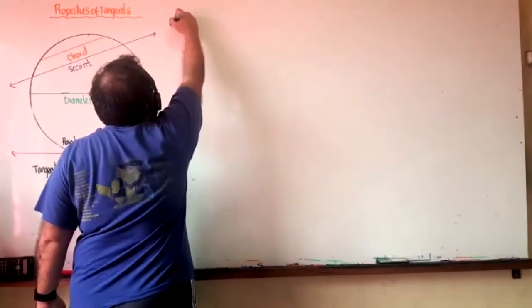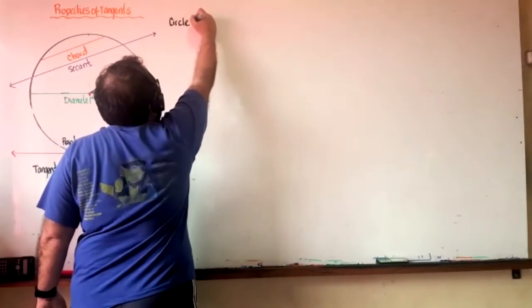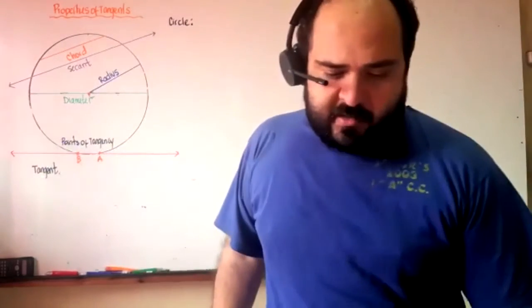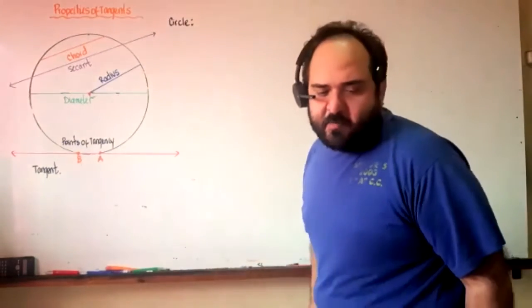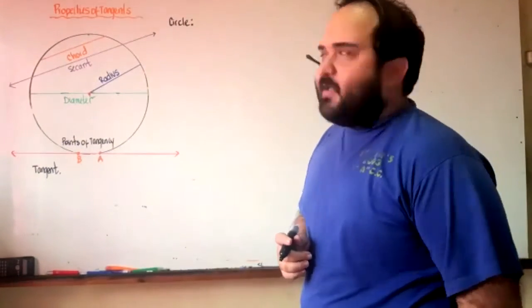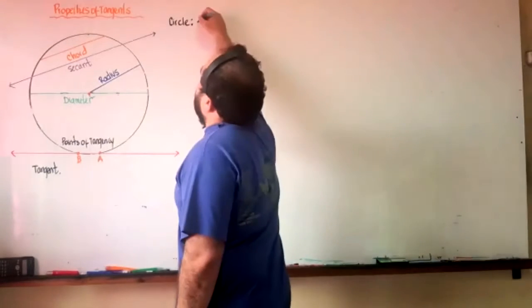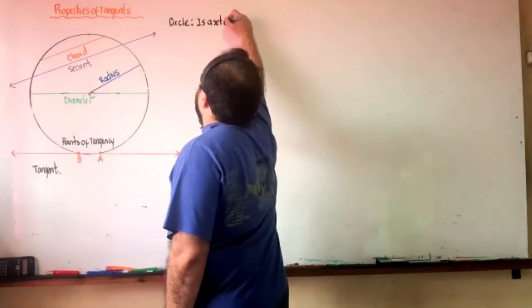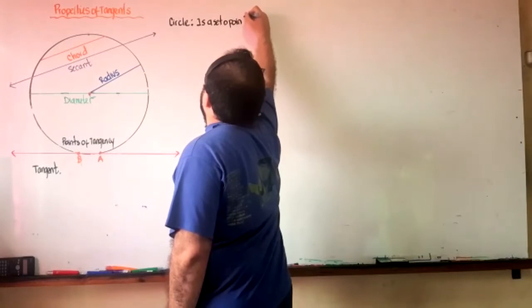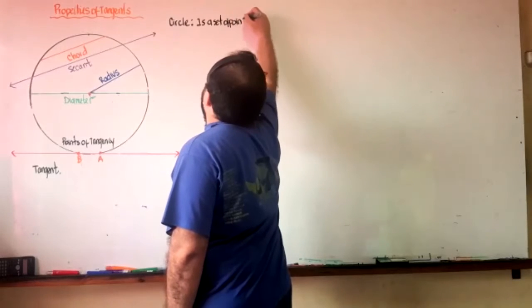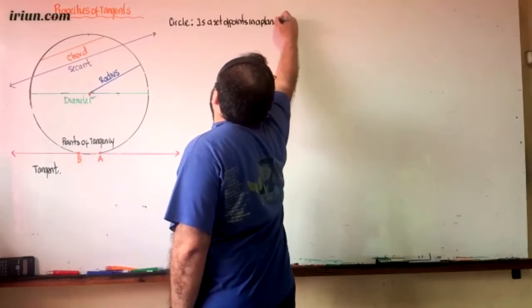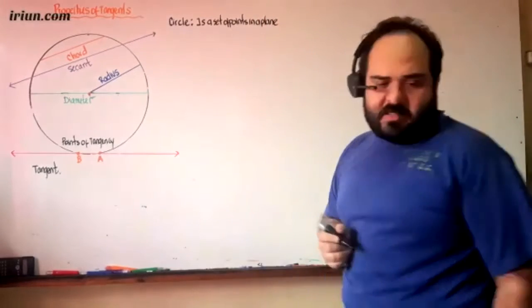what is the definition of a circle? Well, a circle is a set of points in a plane.